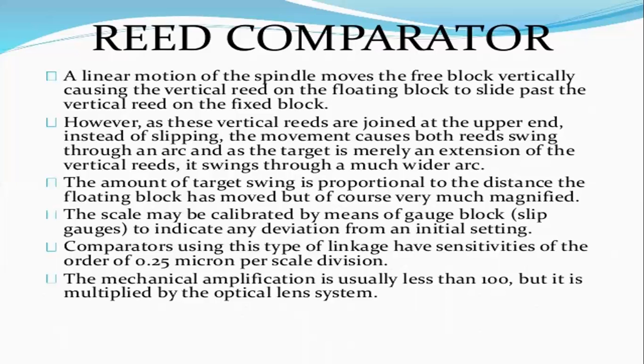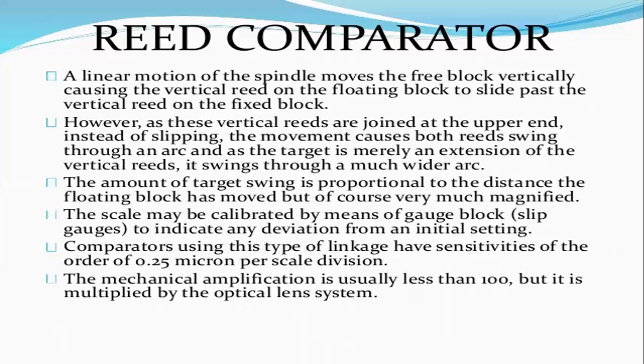However, as these vertical reeds are joined at the upper end, instead of slipping, the movement causes both reeds to swing through an arc. As the target is merely an extension of the vertical reeds, it swings through a much wider arc.